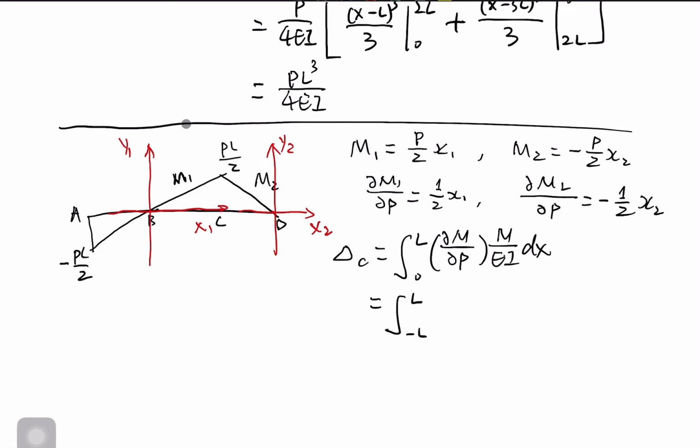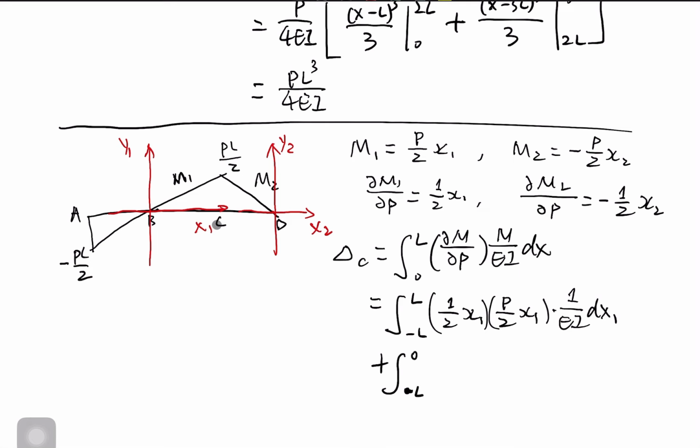So partial M1 over partial P is 1 over 2 x1, and M1 is P over 2 x1, times 1 over EI dx1. This is the first part. The second part is for M2, with coordinate system y2, x2, and it changes from minus L to 0.